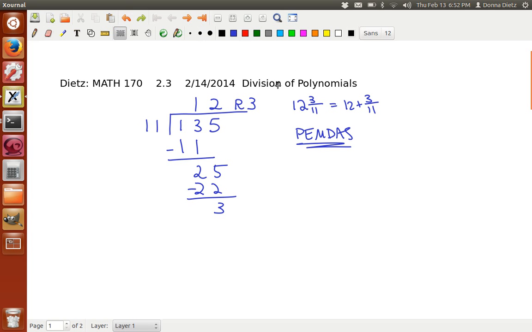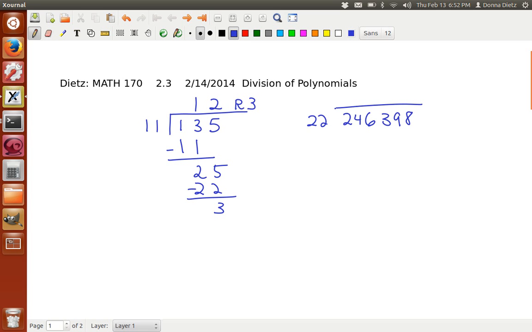I'm going to do another example that's got a few more digits in it. It's going to be 246,398 divided by 22.